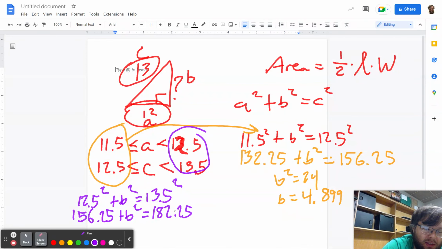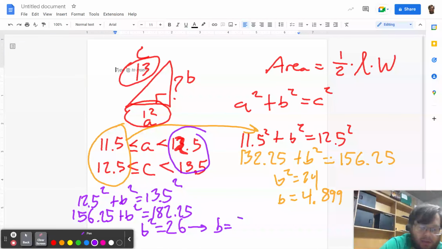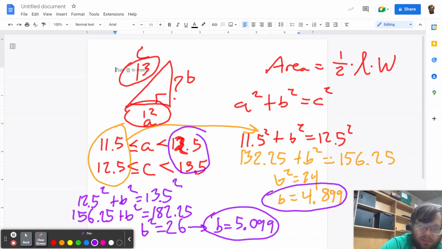Subtract the 156.25 to get b squared by itself. So b squared is 26. Square root of 26 tells me that b is 5.099. I just chose to go to the same level of precision.